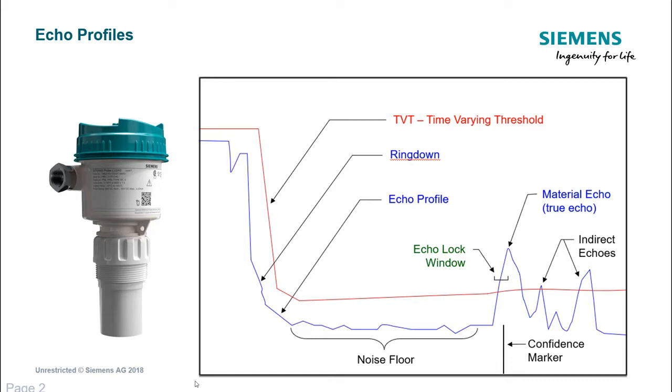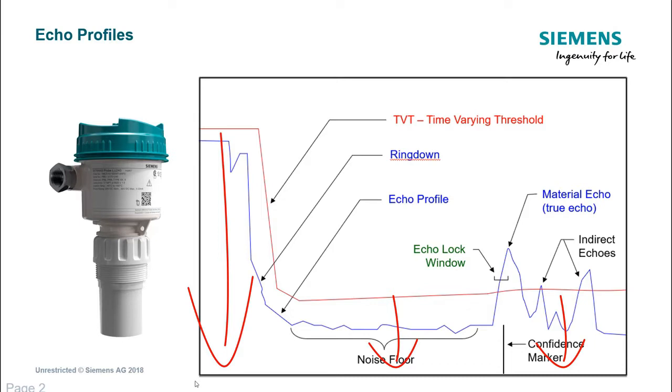Again, Siemens call that the time varying threshold, but basically anything below that red line is not analysed within the scoring mechanism of how to lock onto the true echo. So think of it as a filter.